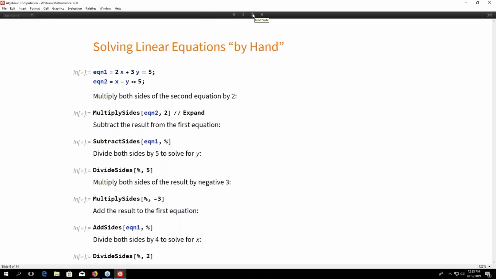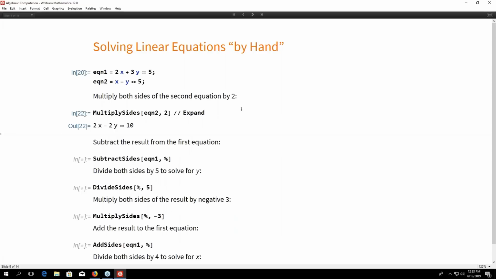Okay, now for completely new functionality, we have added functionality for manipulating equations and inequalities by hand. So this is something for K-12 school students. For instance, you can now solve a system of linear equations by hand, as one is taught at school.